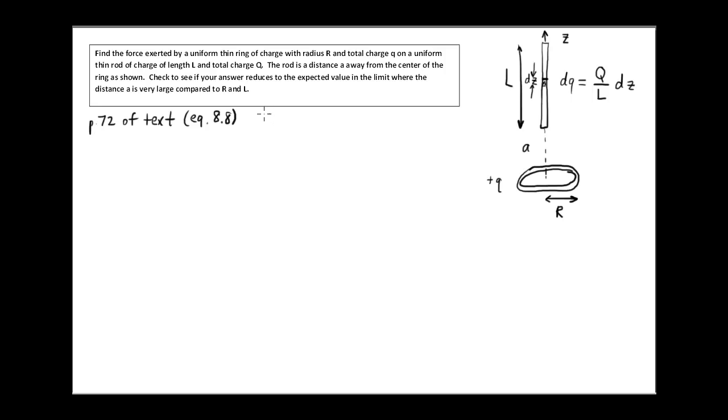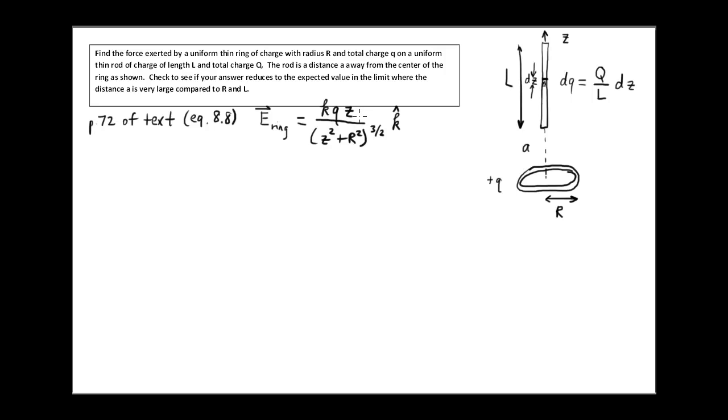That equation says that E produced by the ring at a general point on the z-axis is the Coulomb constant K times its charge q times z divided by z squared plus the radius squared, all to the 3/2 power. And the electric field, if this is a positively charged ring, is in the z direction, the k hat direction. I've copied that formula directly out of the textbook.